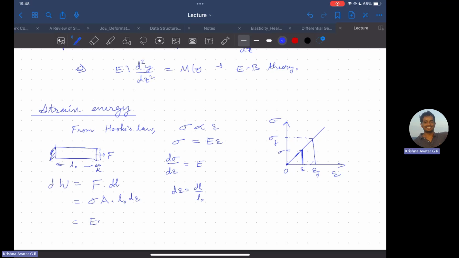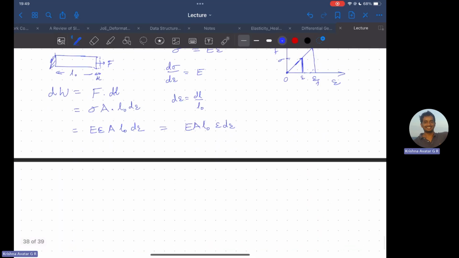And mind you, there is a small work, a small increment. So E epsilon A L naught d epsilon. And this we can write as E A L naught into epsilon into d epsilon.